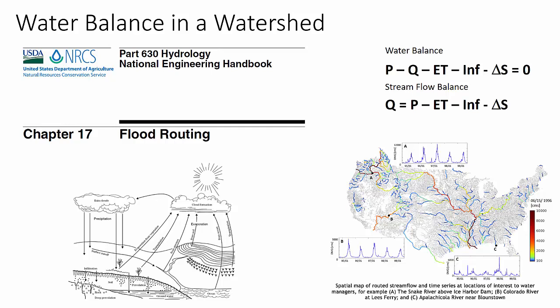We can see water flows all across the landscape at all times, and those flows are increasing and decreasing based upon precipitation events.